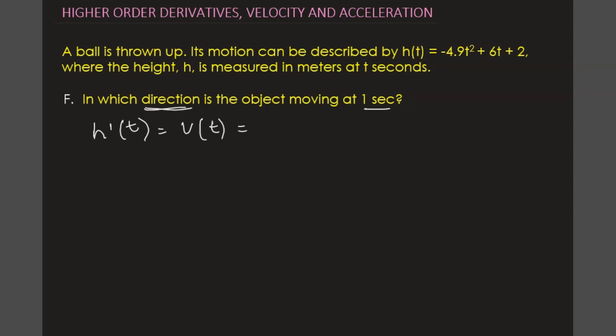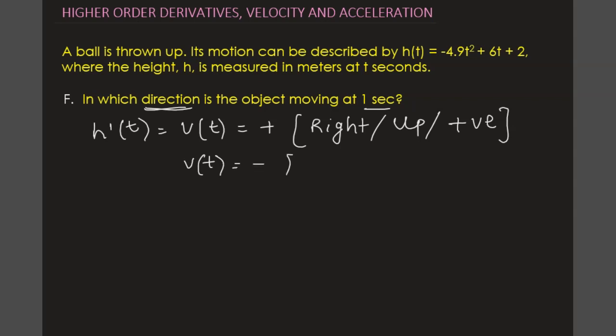So if velocity is positive, direction is going to be right, or in this case, up, or we can say direction is positive. Similarly, if velocity is negative, we would say direction is left. If it's a vertical motion, then we can say down. Or in simple terms, we can say it's a negative direction.